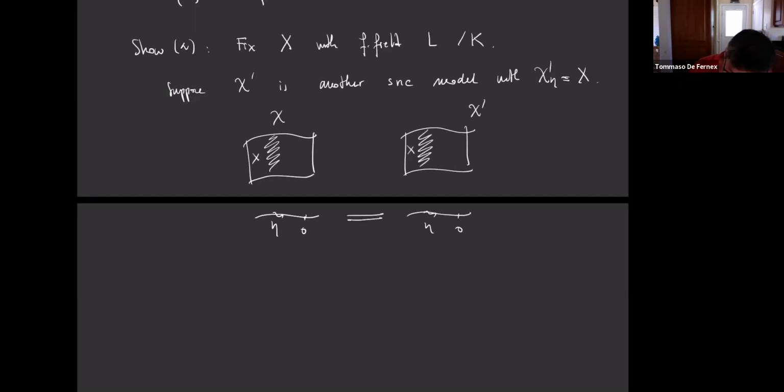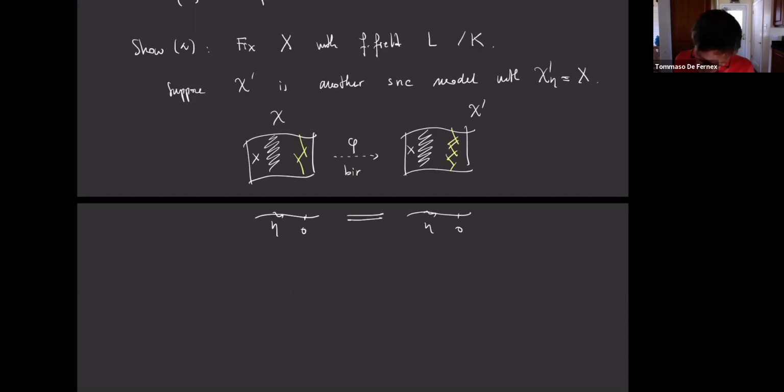Where they differ is inside the central fiber. Maybe this has a component like this, and maybe this is some more complicated component like that. So what we get here is a birational map. The birational map is defined over the base and only has indeterminacies in the central fiber.